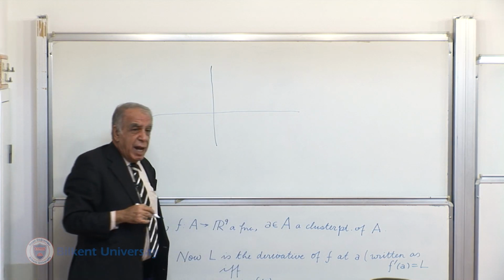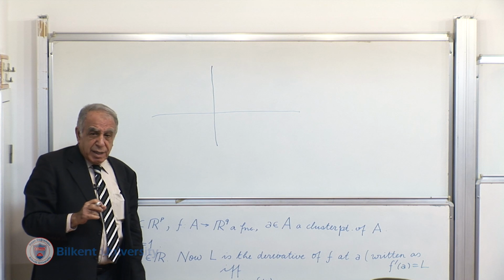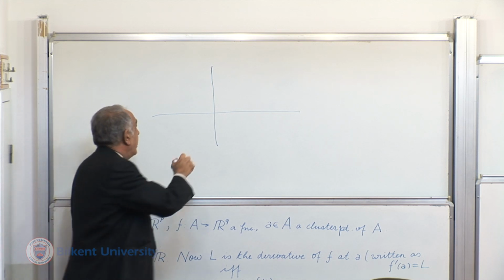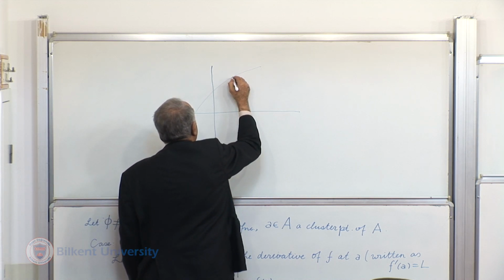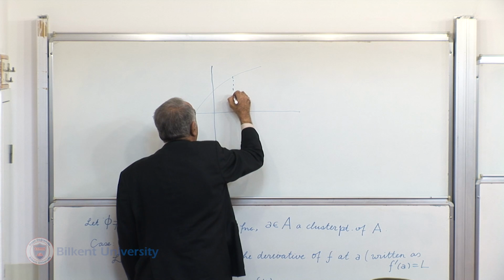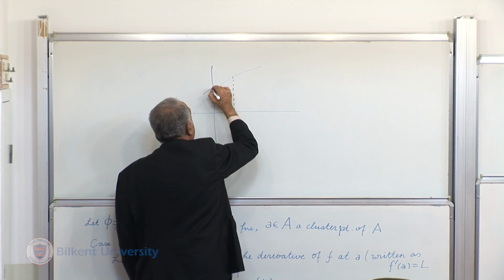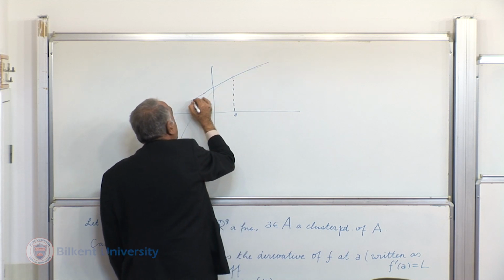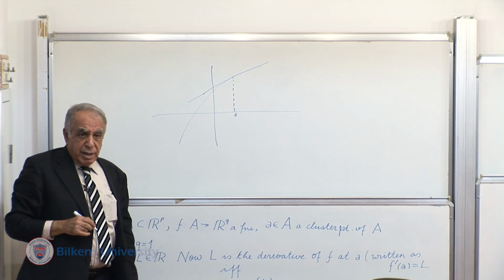you usually have a picture which accompanies the definition of a derivative. Well, let's take some such function. Let's take this point at A. Now, if f prime A exists, then it is geometrically nothing but the slope of this tangent line.